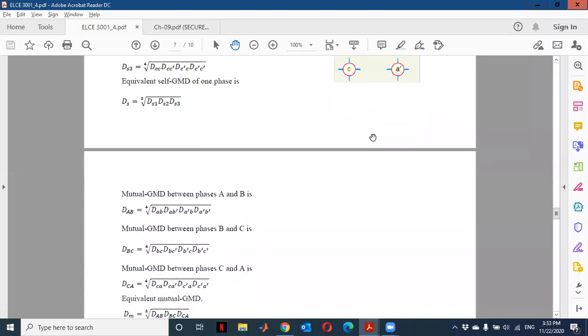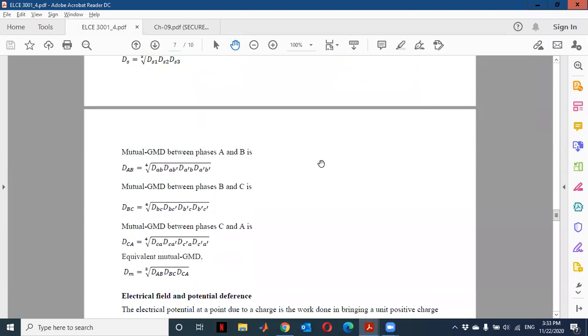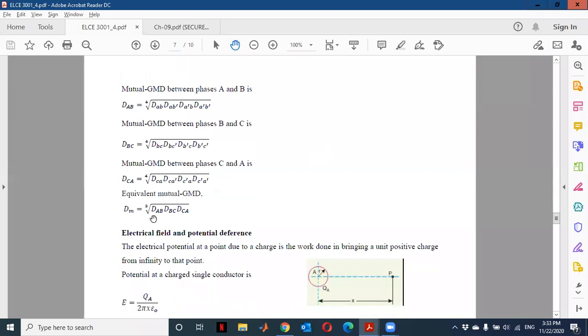It's very easy. Then the equivalent GMD will equal the cubic root of DAB, BC, CA. Any questions?